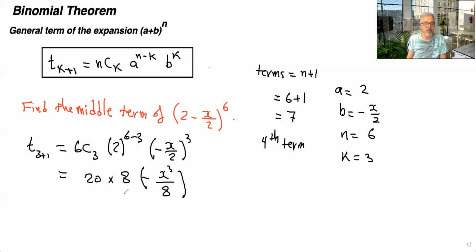So basically you have 20 times 8 times negative x cubed over 8. Therefore, the 8's here will cancel. And the fourth term, or the middle term, which is t4 here, will be negative 20 x cubed.